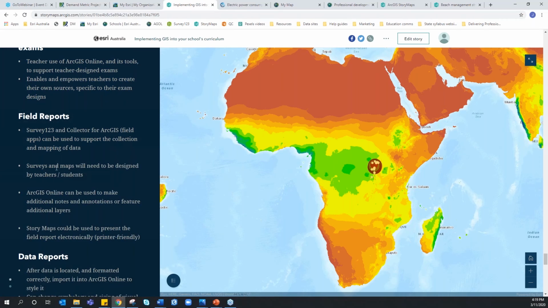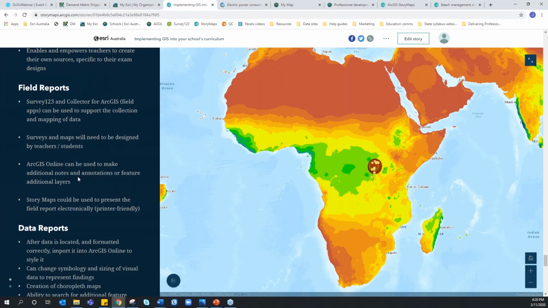Students would definitely be involved in the design of that survey as well. You might have an exemplar survey that you've got hidden under the table, but to push them in the right direction. But I think that students definitely need to be involved in that process, thinking about how to ask questions. What's the right format for a question? Do we want a multiple choice response? Do we need a free text response? Things like that.